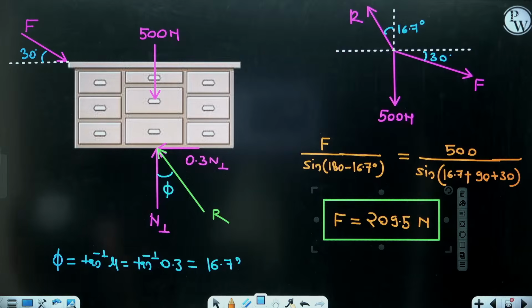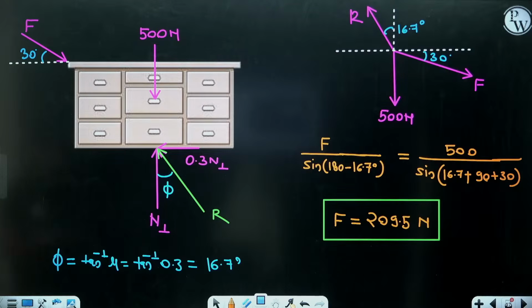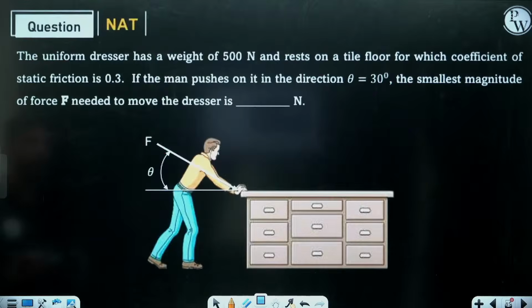You are getting 136.7? How come? I think it will be 209.5 only.